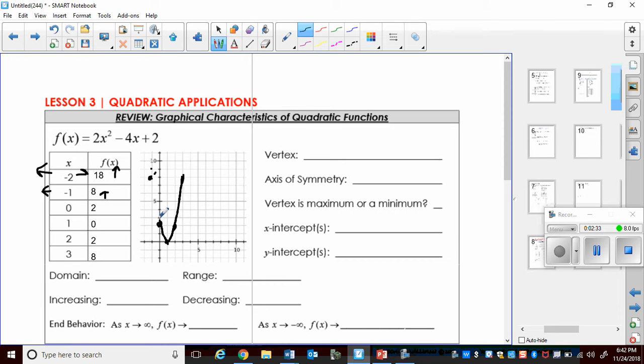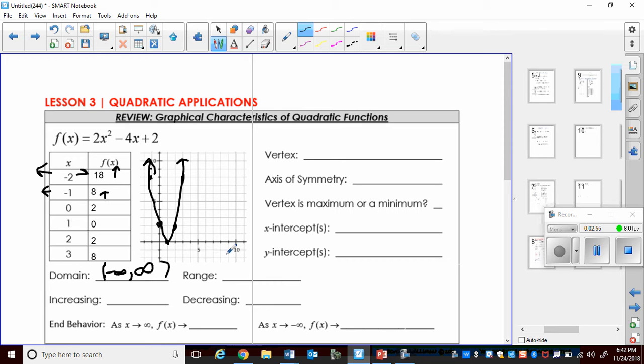And then we can look at the characteristics of this curve. Things we should know by now: the domain of all parabolas is negative infinity to positive infinity. These are facts.